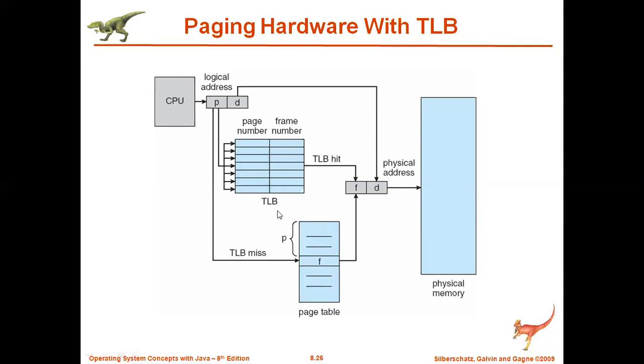So what is the advantage of storing them here? For example, if P0, P1, P2, P3 up to P10 are presently being used by the CPU, then all those 10 pages have already come and been stored in the TLB.